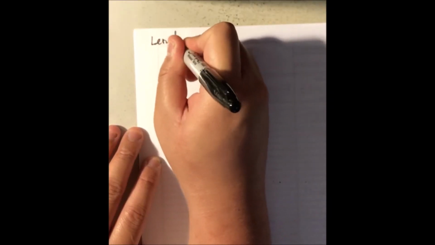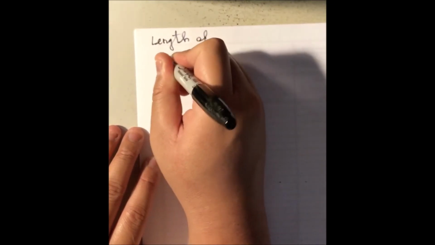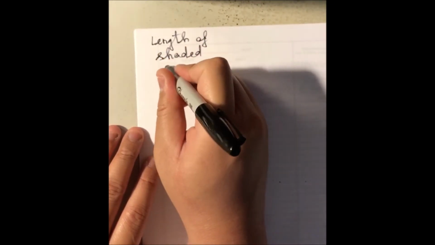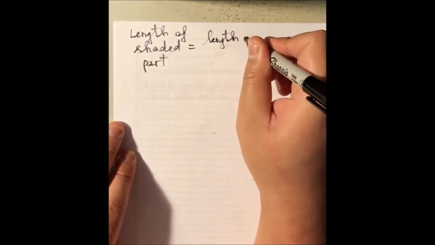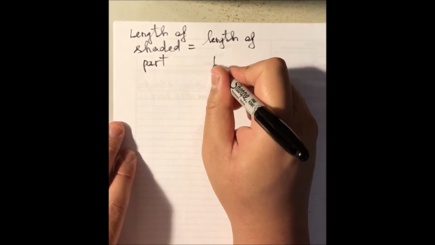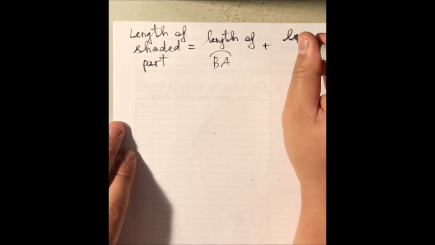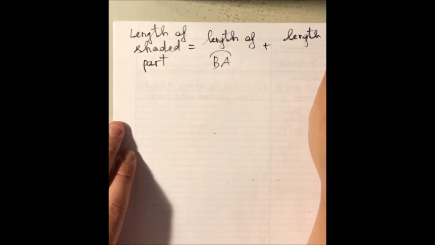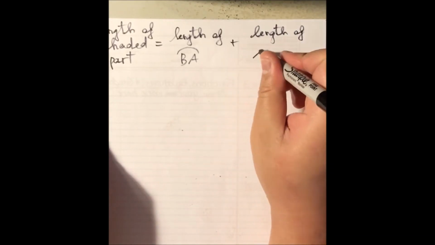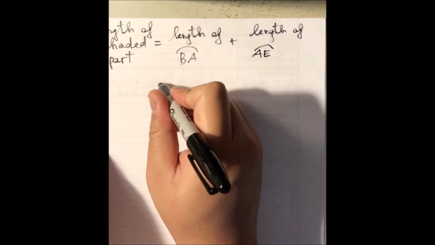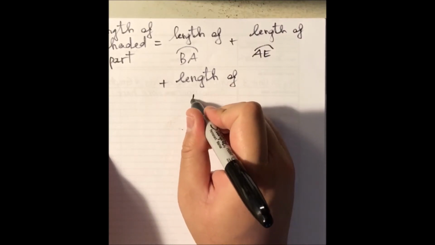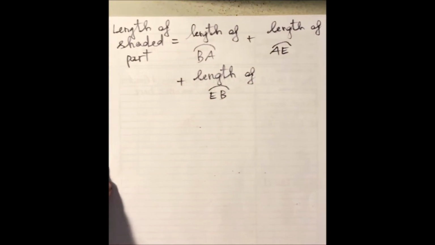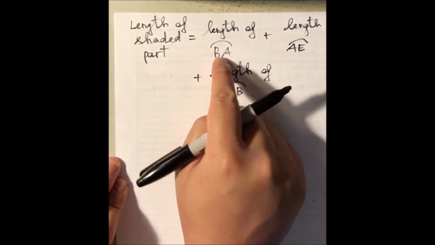So the length of the shaded part, or shaded portion if you want to say it, is equal to the length of the arc BA plus the length of the arc from A to E, as you've seen, plus the length of the arc from E to B. So one length at a time. Let's find the length of the arc BA first.